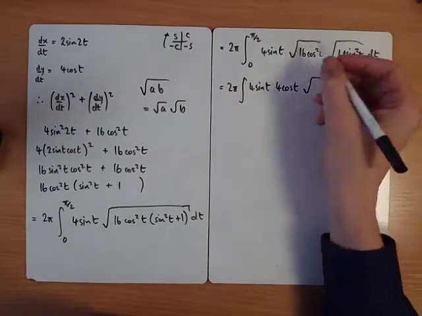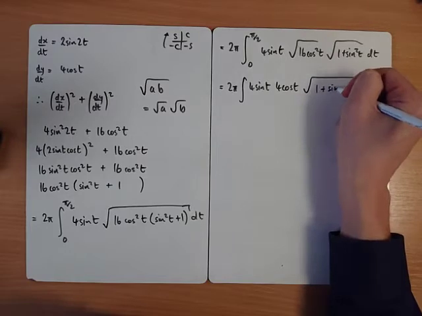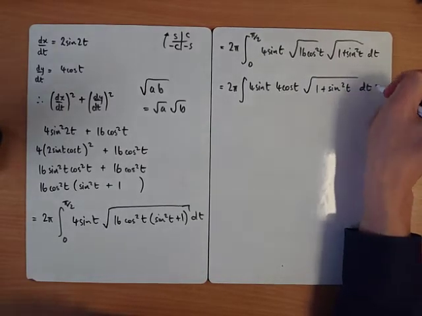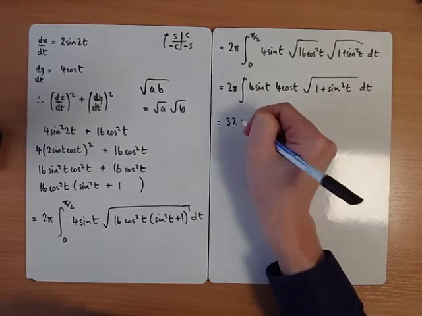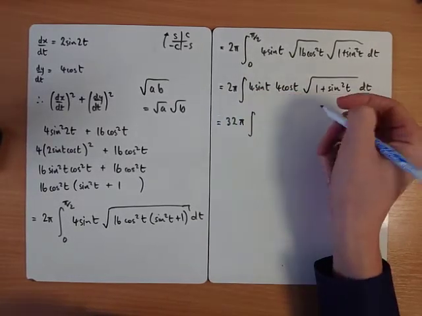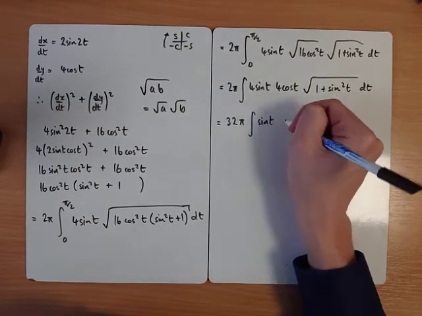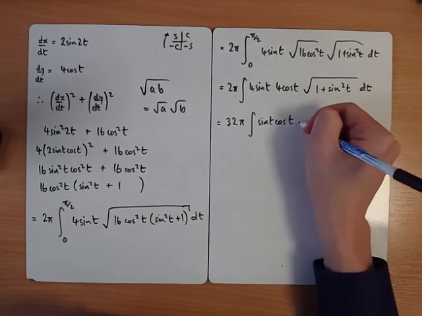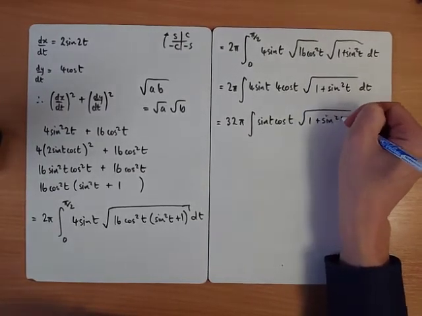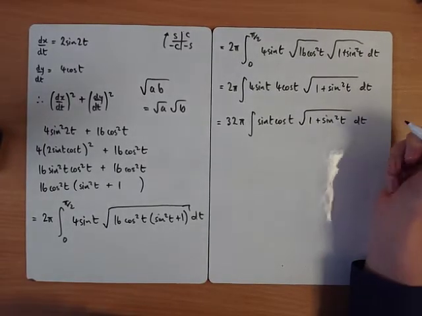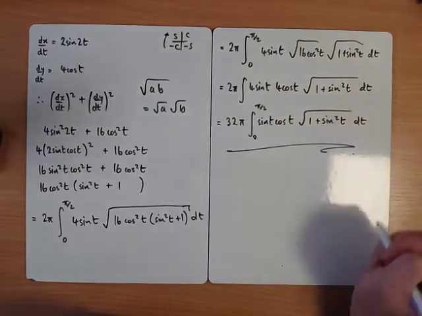Okay, so this is going to give us, in the form that we required, take the 16 out, so 32 pi sine t cos t square root of 1 plus sine squared t dt between 0 and pi over 2.